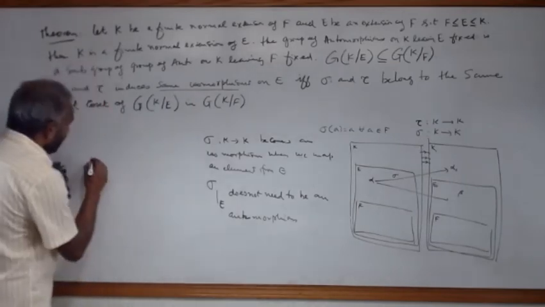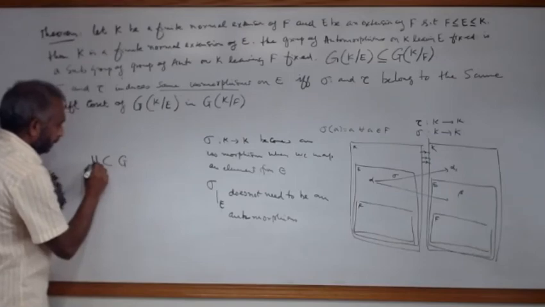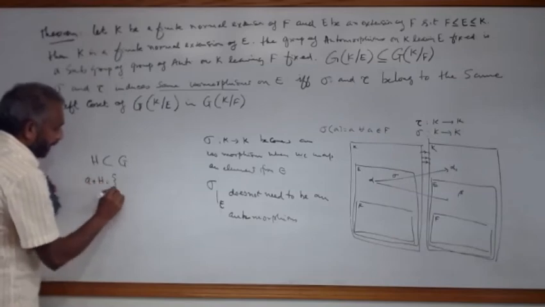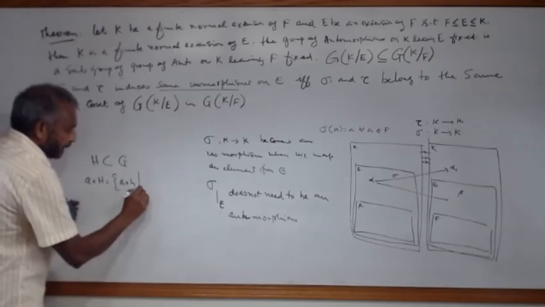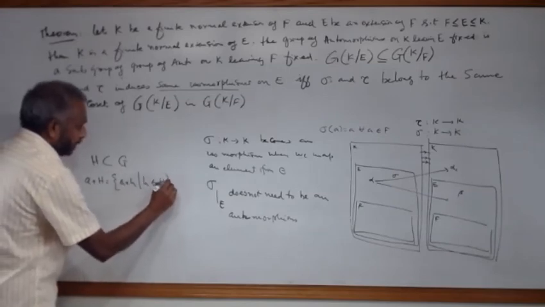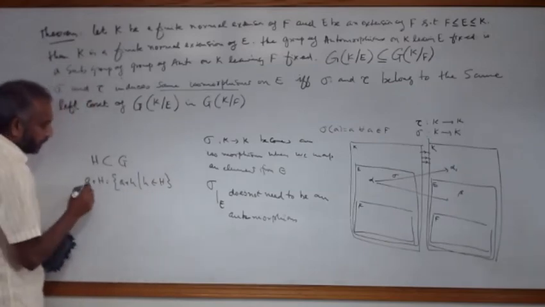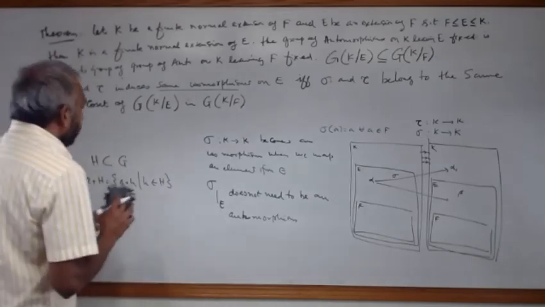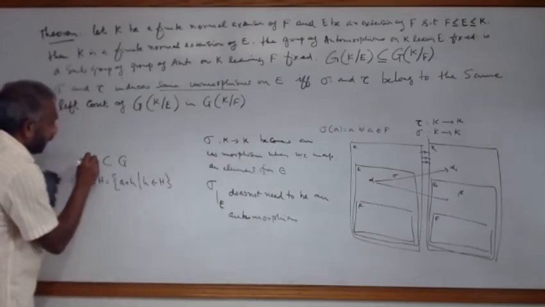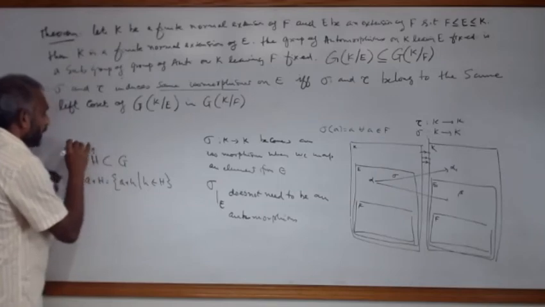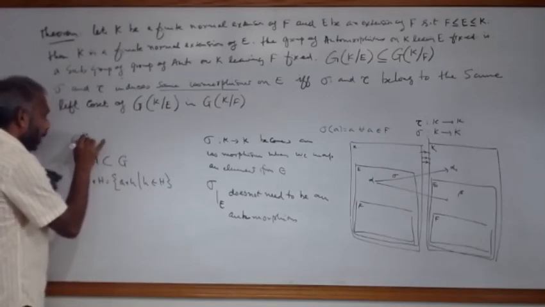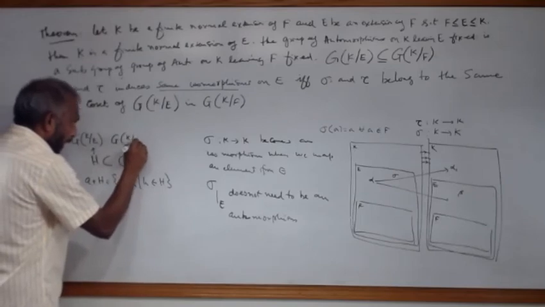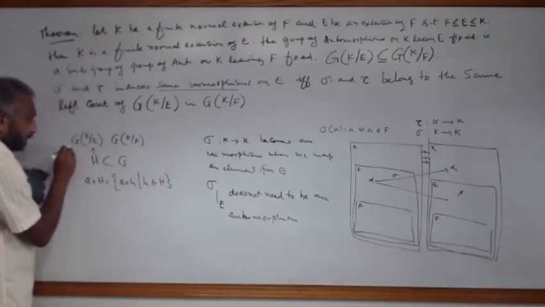When you say coset, if H is a subgroup of G, then the coset of a plus H is defined as a plus h, h belongs to H, for some a in G. So this is actually G of K over E, which is a subgroup of G of K over F. What are the elements here? Elements are automorphisms.